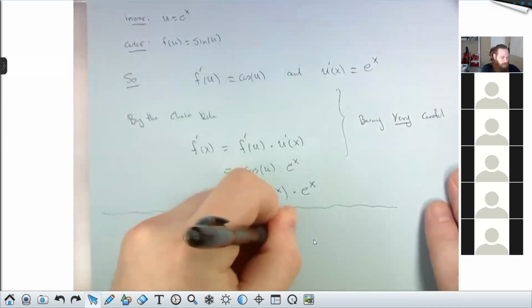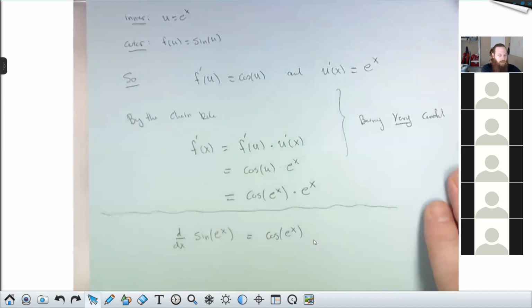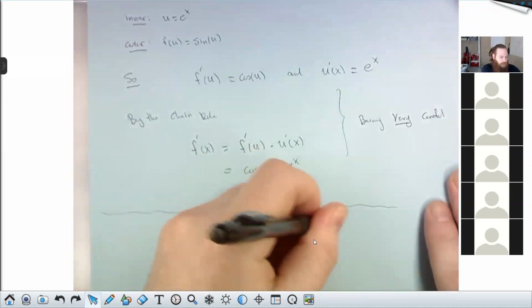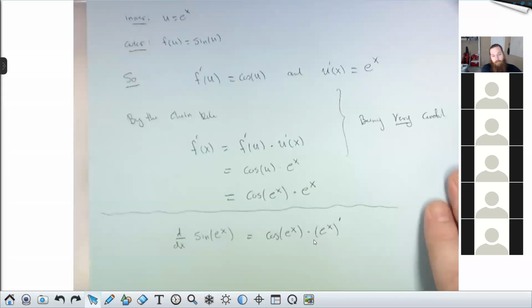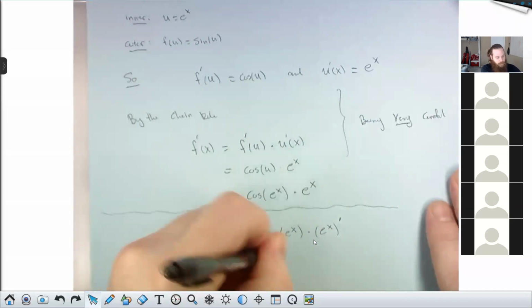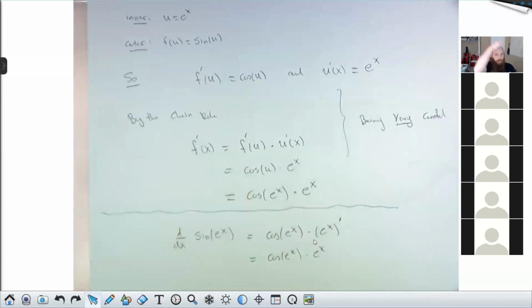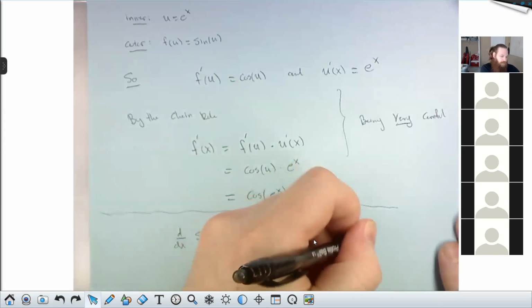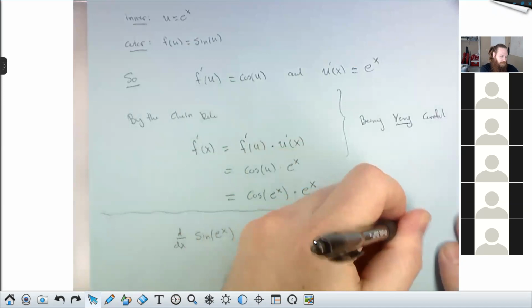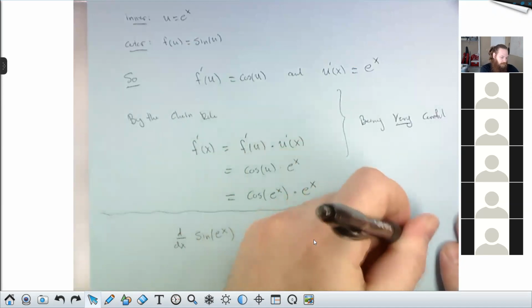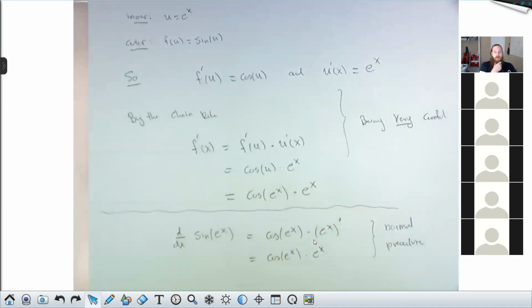So that's cos of e to the x, differentiate the outside, leave the inside alone, times e to the x primed. And then I would say, okay, that's cos of e to the x times e to the x. This is the kind of normal way we do this. But I want to go through a few more of these being very careful so that you can see that it really does the same thing as this normal procedure.